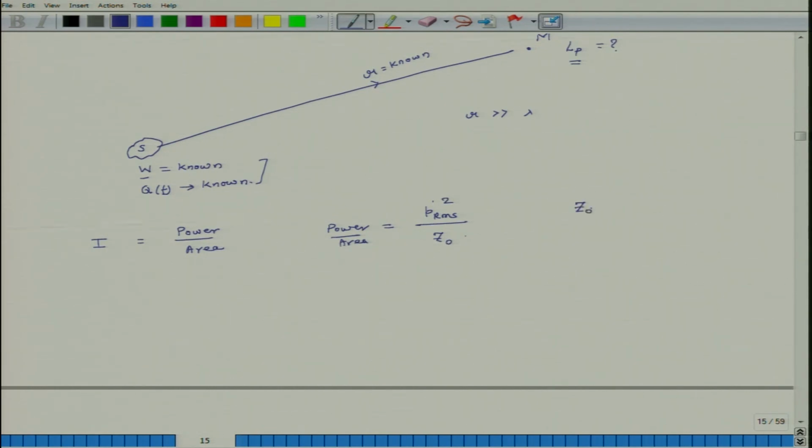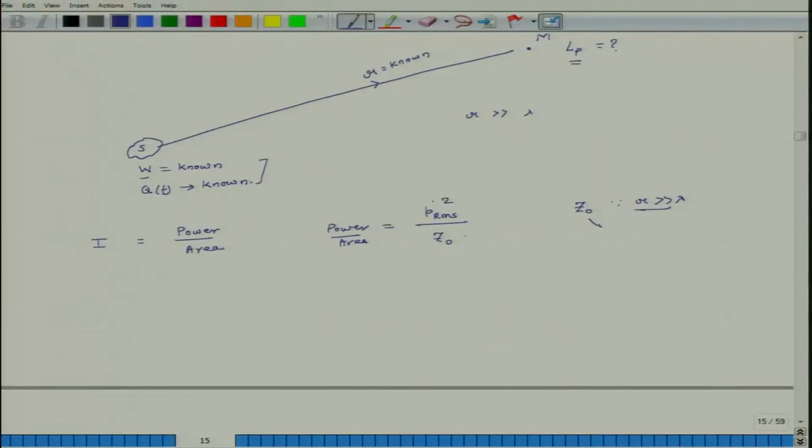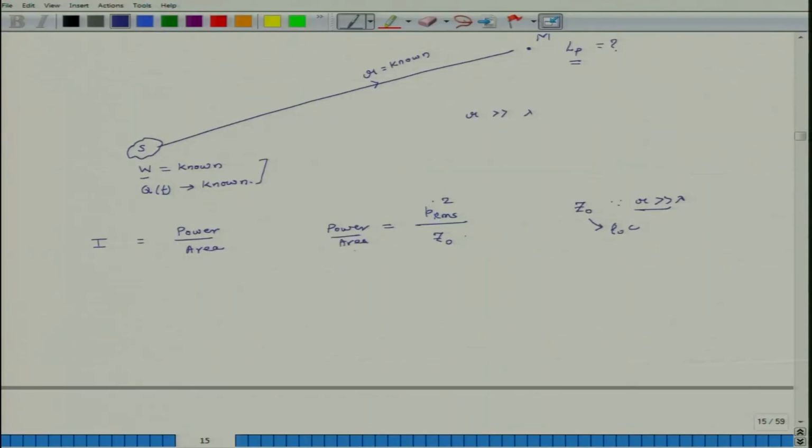And why do I use Z naught? I use Z naught because r is very large compared to lambda, and we have discussed in earlier lectures that as I am very far away from a source, the waves become more and more like planar waves, and the impedance of a planar wave is Z naught, which equals rho naught C. So, using the analogy from the electrical world, where power is V square divided by R, in the acoustical world power per unit area is P square divided by Z naught.